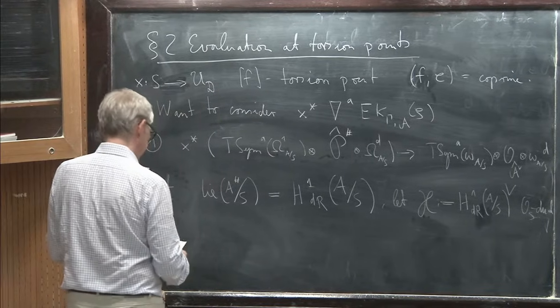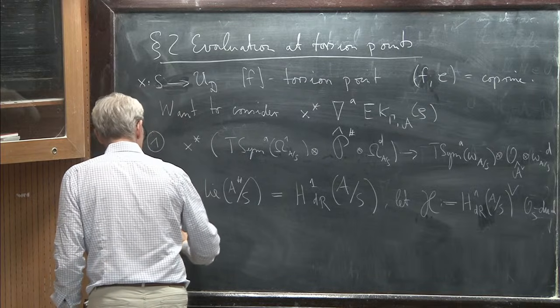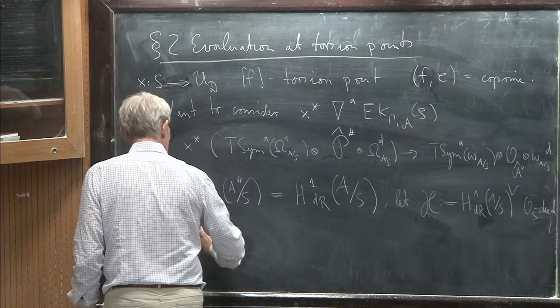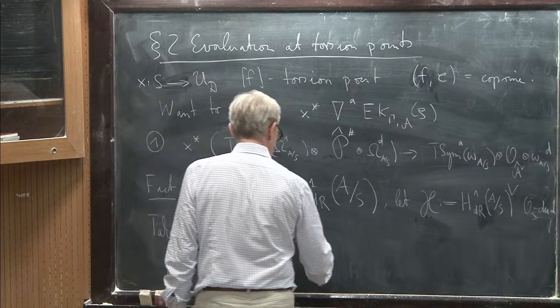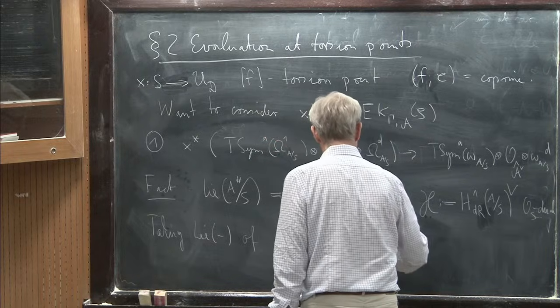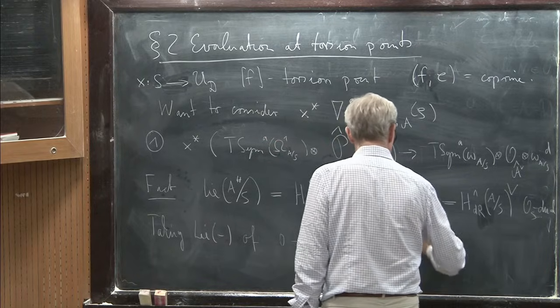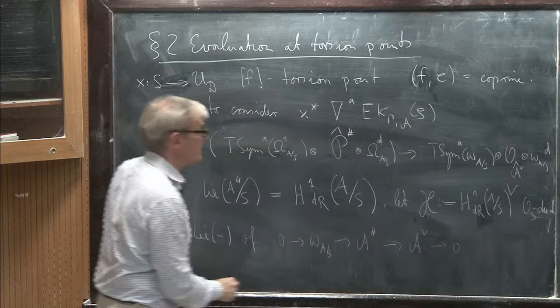And taking the Lie algebras of the universal vector extension, this is a sequence of group schemes, so we can take the Lie algebras and we get an exact sequence.